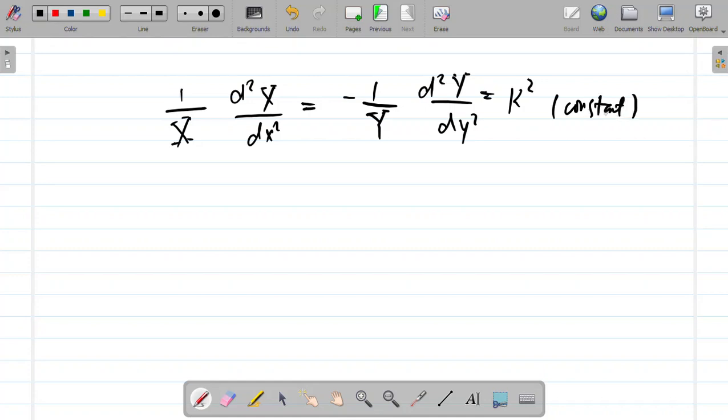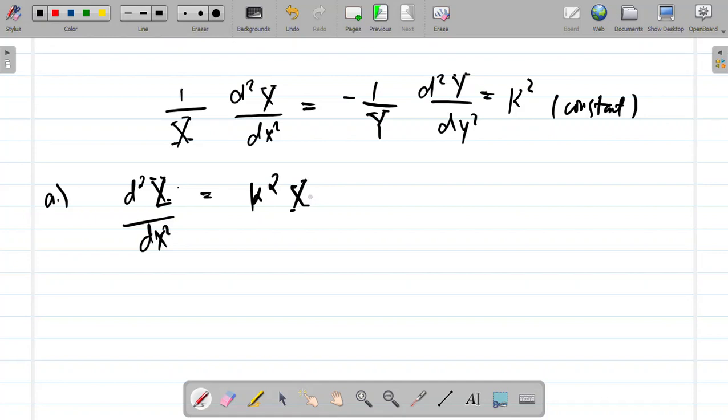So, now class, bakit k squared? Bakit hindi na lang n or k? Later on, makikita natin na convenient siyang isulat as k squared. So, let's solve the first differential equation sa x. So, we have d squared X over dx squared equals k squared X.